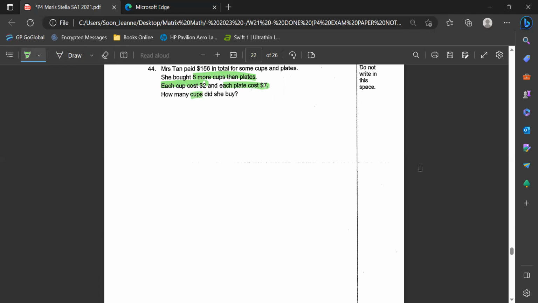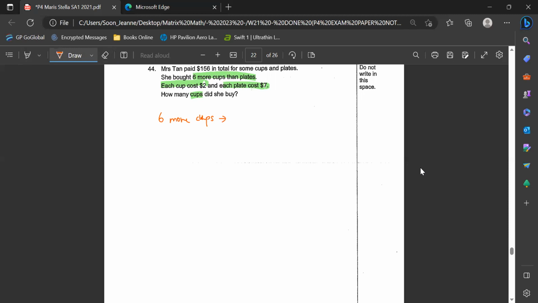How many cups did she buy? So what we're going to do is, since she's going to buy 6 more cups than plates, we need to find out the cost of 6 more cups. Not 6 cups, but 6 more cups. Because if she's not going to buy that extra 6 cups, the number of cups and plates will be equal.